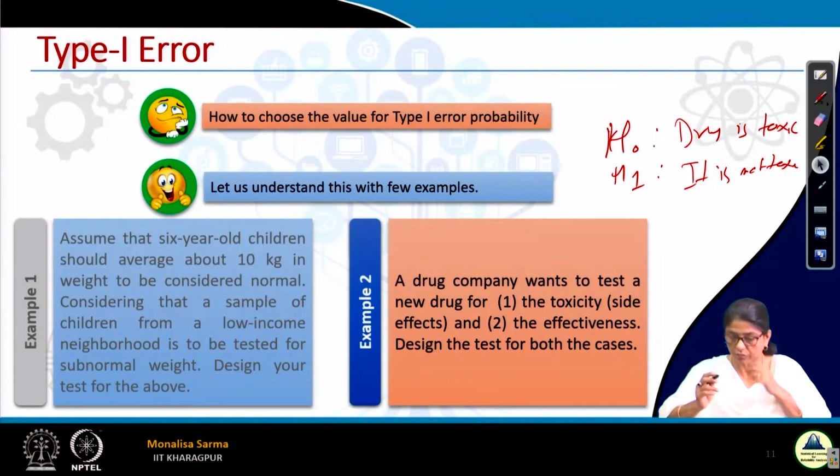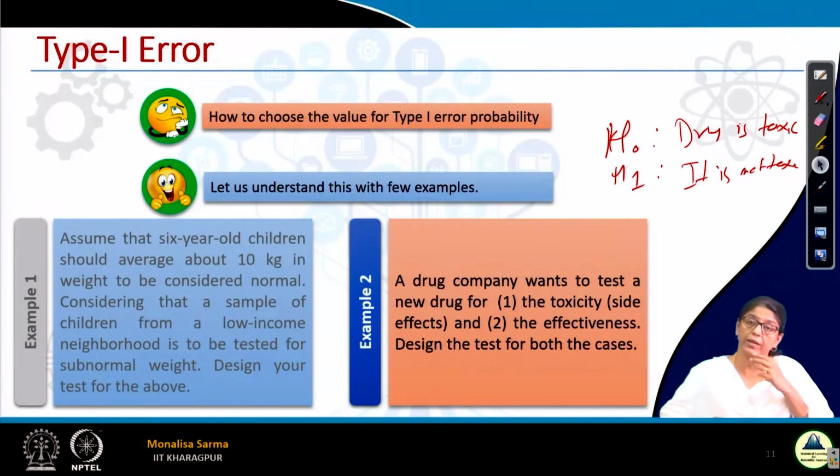So suppose by mistake I reject the null hypothesis, given that the drug is toxic. Then what happens? It is proved that the drug is not toxic.